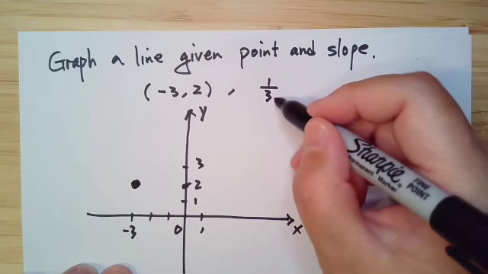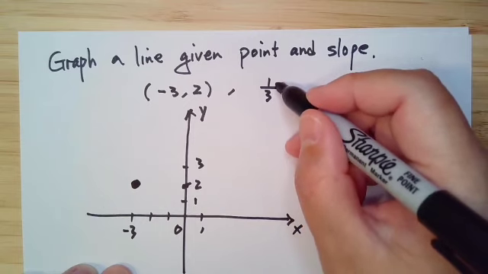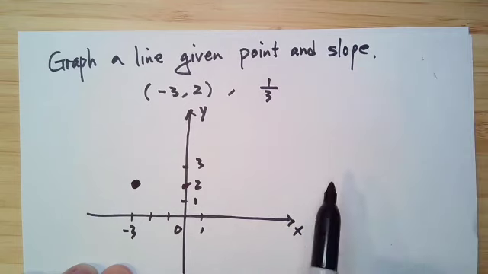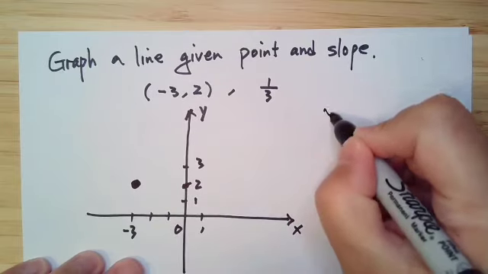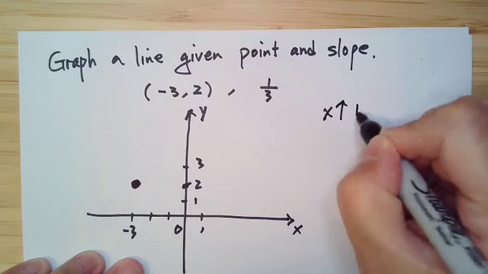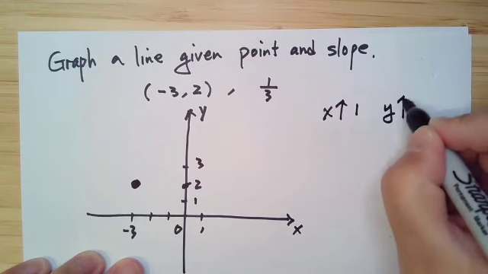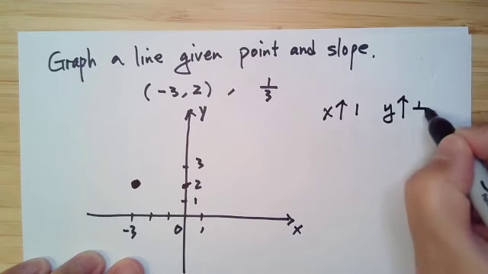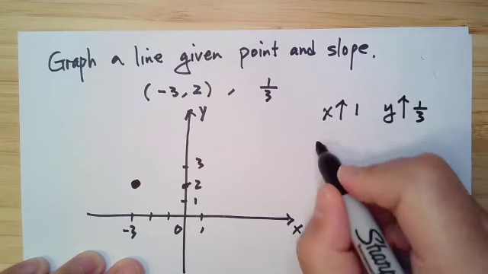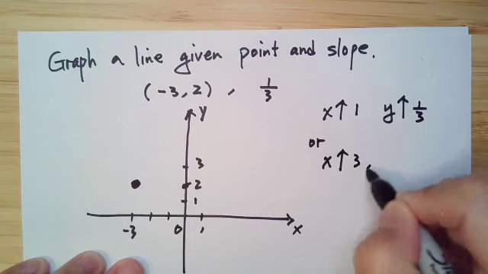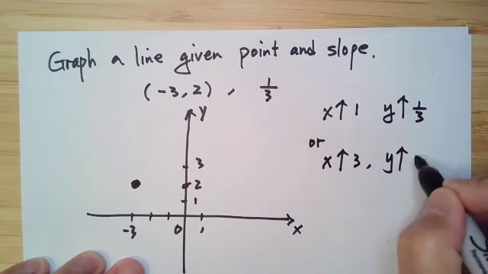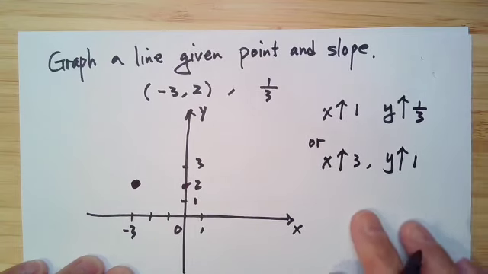When run is 3, rise is 1. Or when x goes up by 1, y only goes up by 1/3. Or when x goes up by 3, y goes up by 1. That's my little sign. Okay?